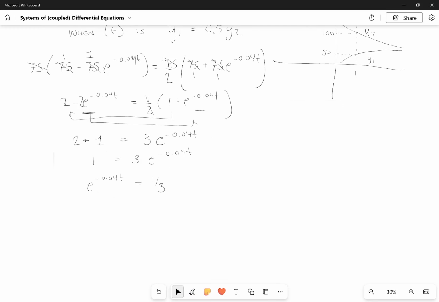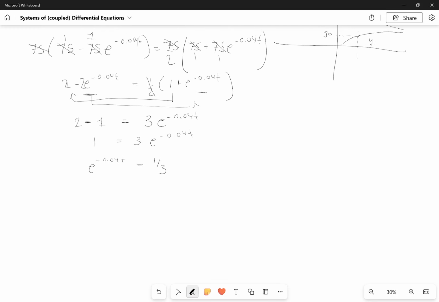To solve for this, I need to take the ln of both sides. I'm going to say ln e to the negative 0.04t equals ln of 1 over 3. So this becomes negative 0.04t, because ln e is just a 1, equals ln of 1 over 3.